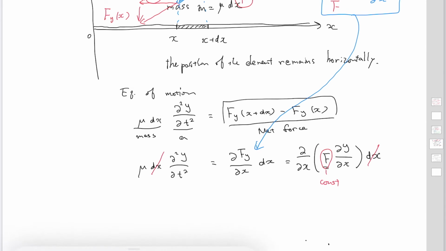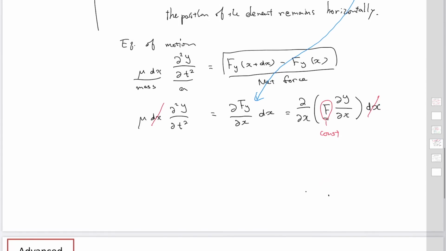So finally, the equation becomes the second derivative of y with respect to t equals F over mu times the second derivative with respect to x.